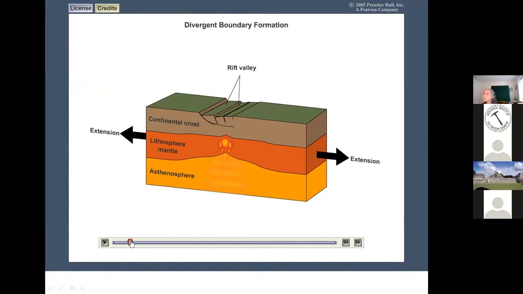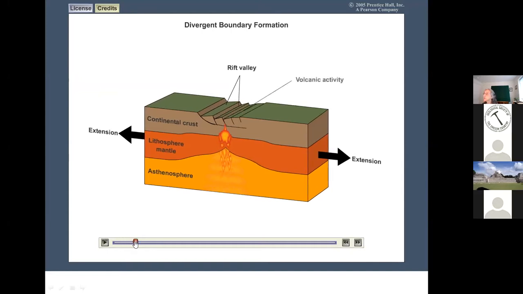Let me take this animation a little bit farther, and you can see how the crust here, because it's thinner, is being stretched and broken into blocks. Some of those blocks drop down. Other blocks are left standing up. The ones that drop down become basins, and the ones standing up become mountain ranges. So we have the Basin and Range area here.